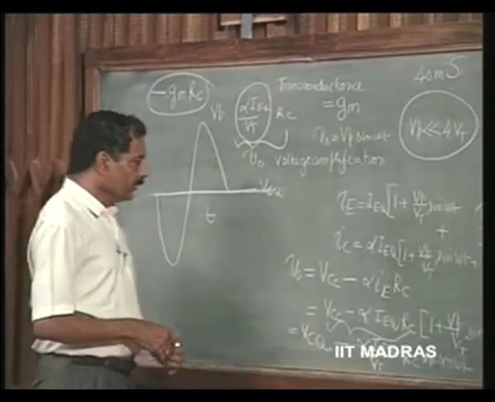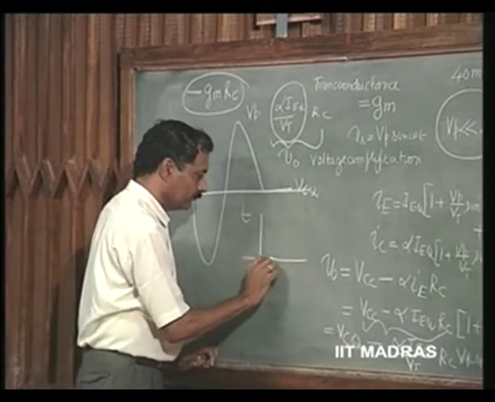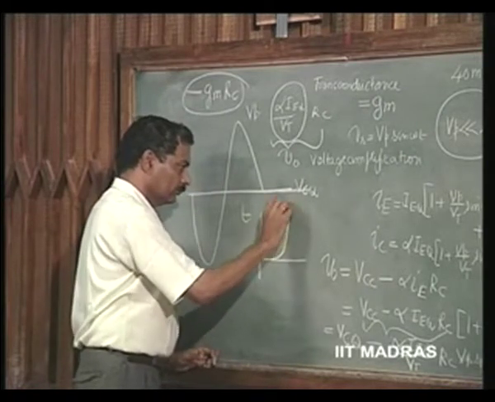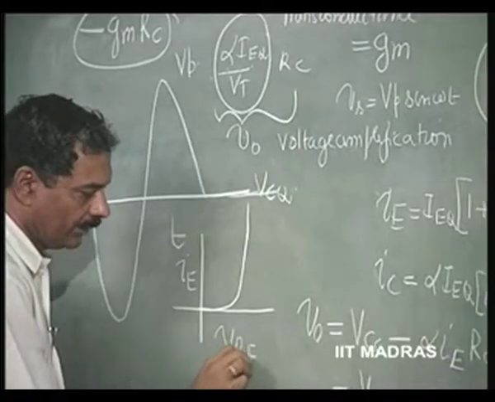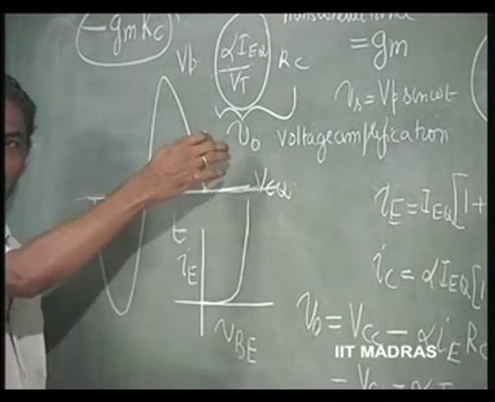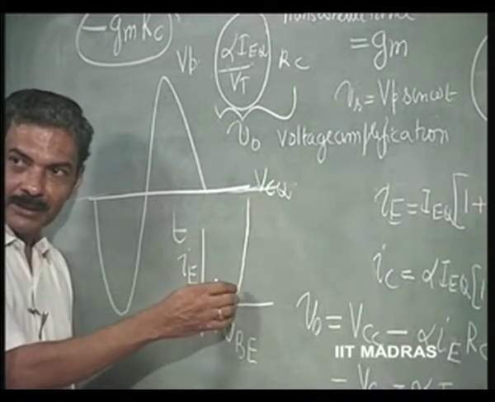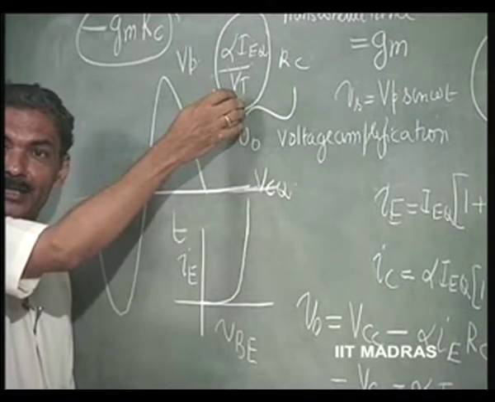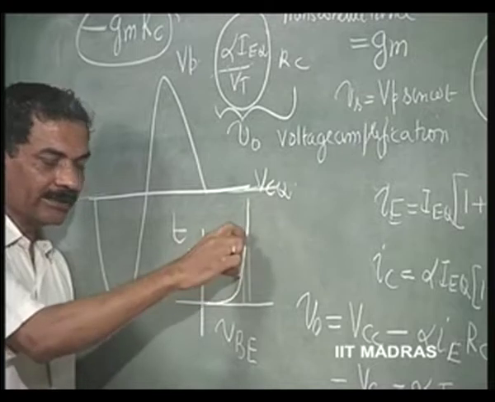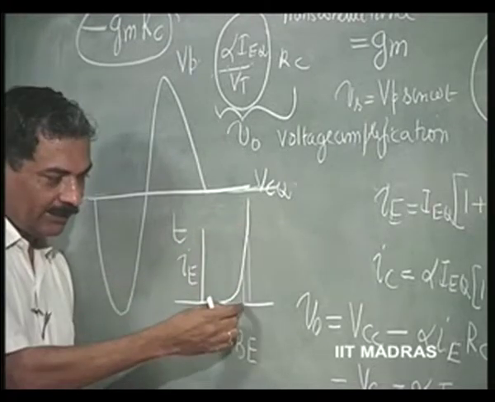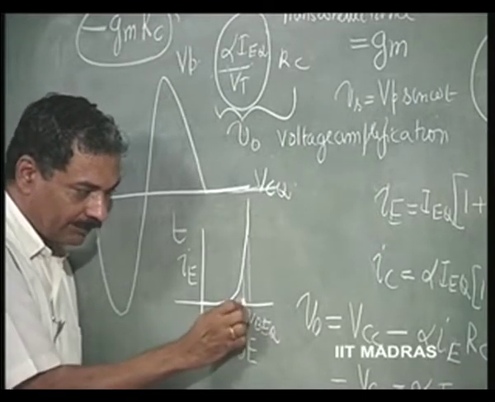Now, we know that the diode characteristic is something like this. This is IE versus VBE, like this. What does it tell? As VBE is increased by a small amount, the current increases by a huge amount on this side, whereas if VBE is decreased from this point, let us say this point is VBEQ.